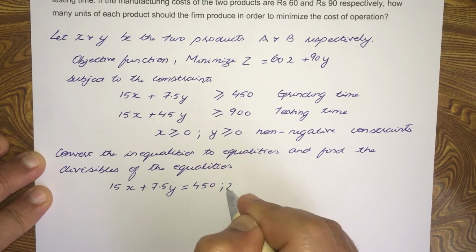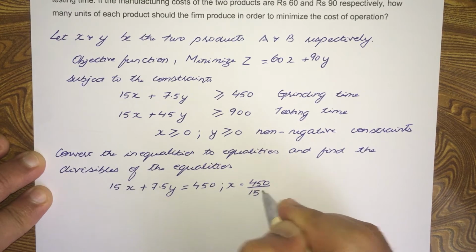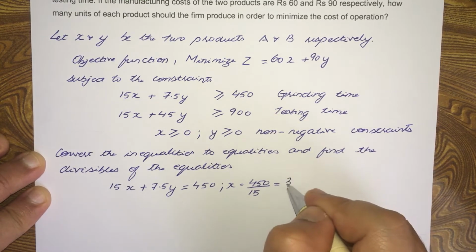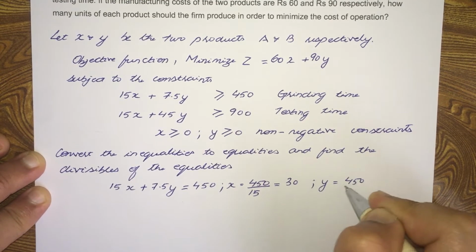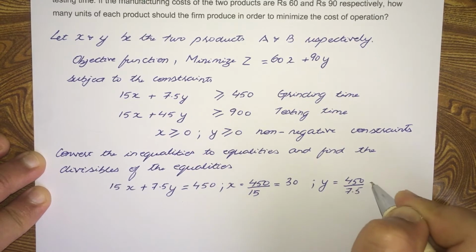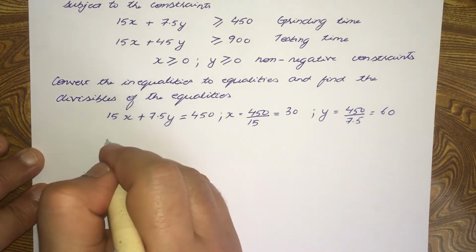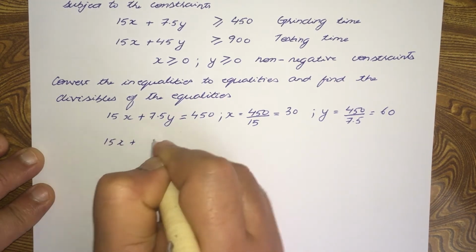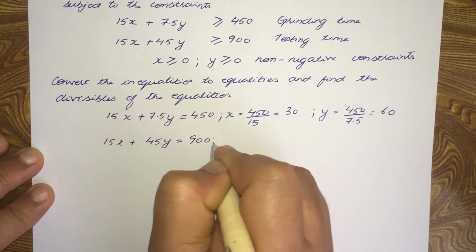Find out the coordinates. So x will be 450 divided by 15. So that will be 30. And y will be 450 divided by 7.5. You'll get 60. And next one is 15x plus 45y equal to 900.